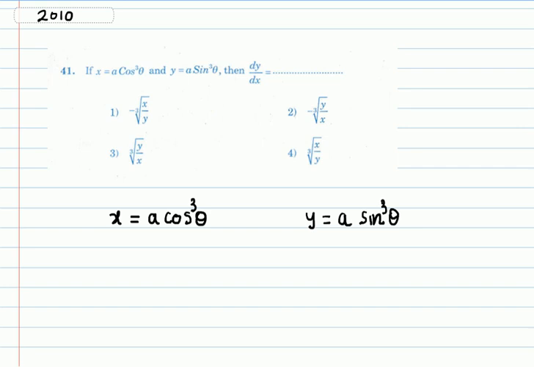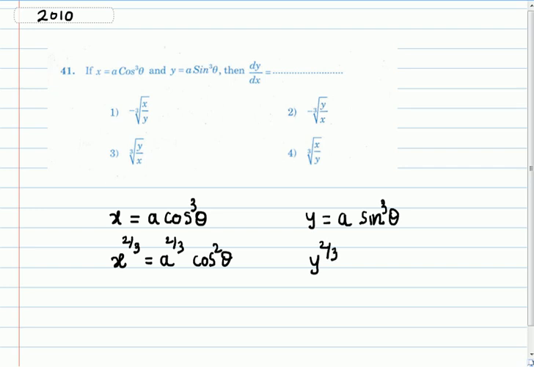To make it easy, let me raise the power by 2 by 3. What you can observe, we get a raised to 2 by 3 and the 3 gets cancelled. What we get is only cos square theta. Y raised to 2 by 3 and again a to the power 2 by 3 and we'll be getting sin square theta. So let us add equation number 1 and equation number 2.